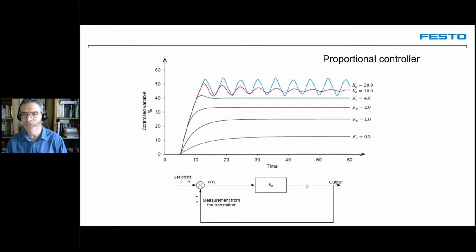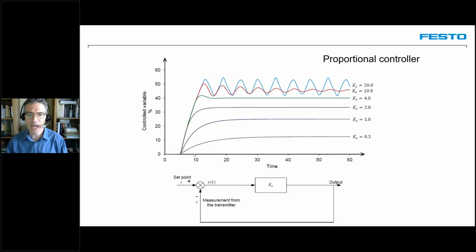This is the output of our process, which is the parameter we are controlling, for example, the water level. So the water level will be measured by the transmitter, sent back here, and compared to the set point. They will be subtracted from one another, which will yield an error. Then the error will be multiplied by KC, our controller gain, to provide us with a proportional response to the error. So this is a proportional controller.